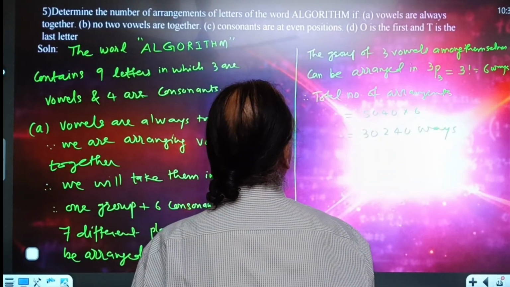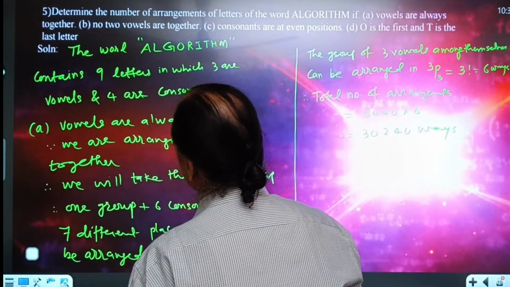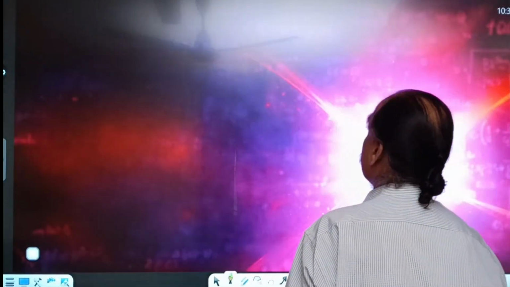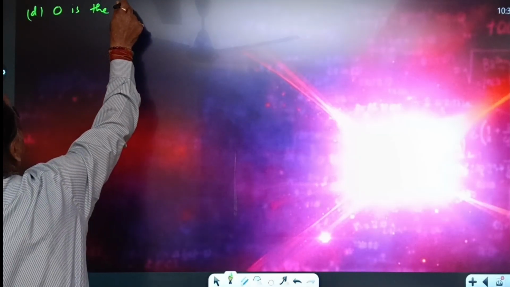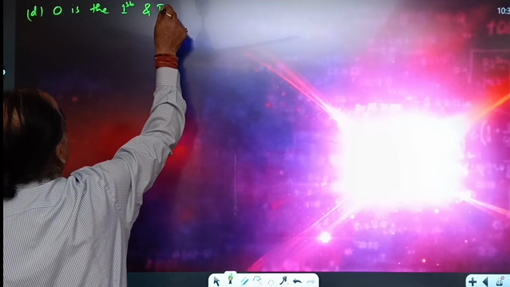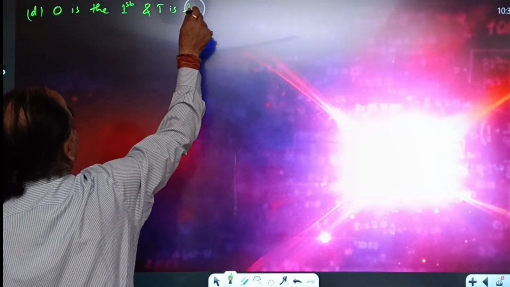Next is A is the first and T is the last. Case 4. A is the first and T is last.